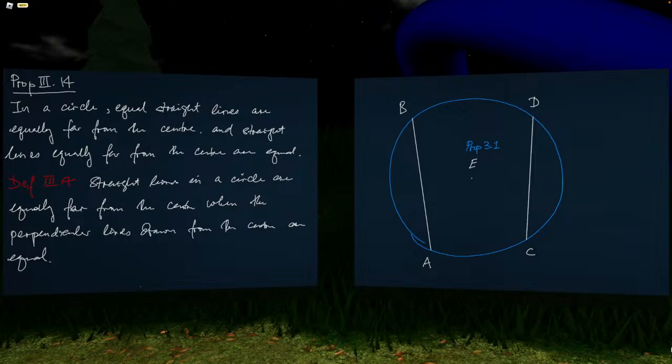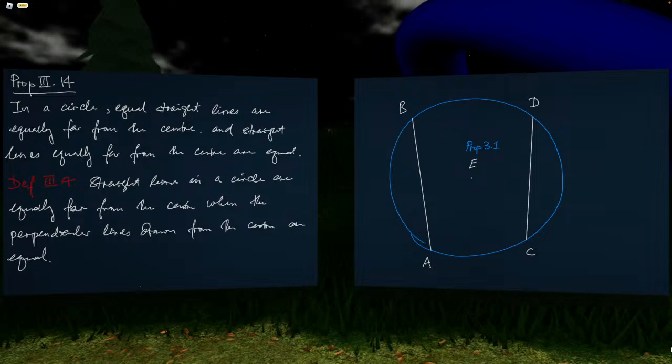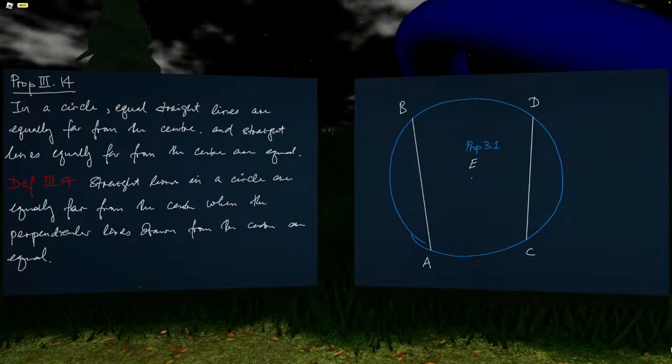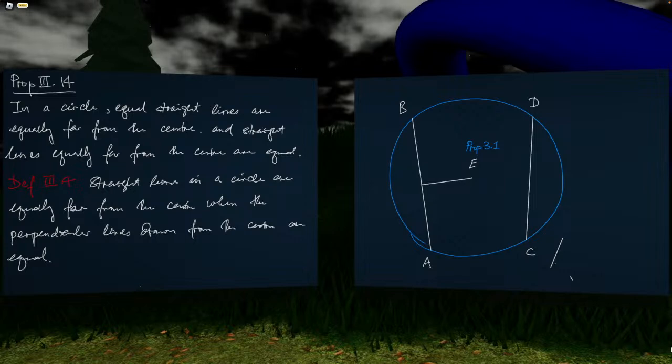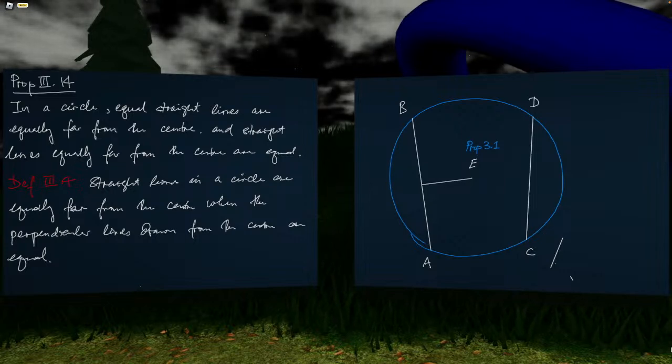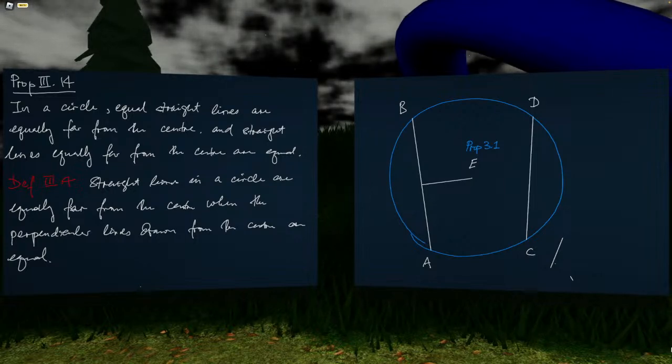And of course, by the definition of equally far from the center, we need to drop perpendiculars from the center to these lines. So we're going to do that. There was a proposition 1.12 that allows us to drop perpendiculars from a given point to a given line. So let's do that.